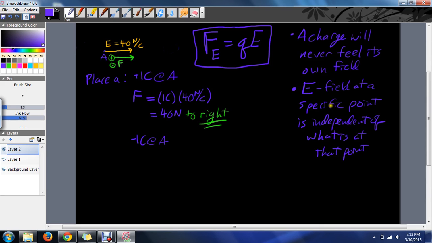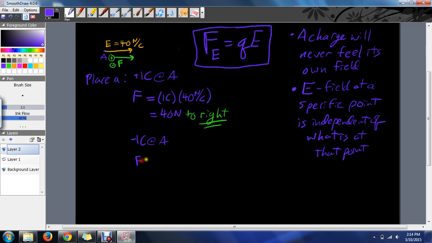The electric field at a specific point is independent of what is at that point. This is enormously important to remember. So if you want to know the electric field at A, you look at what's around it. You never look at what is at A itself. And if I put different things at point A here, it won't change this value of 40. What it will change is the force that this charge feels. The force is definitely dependent on what's at that point.